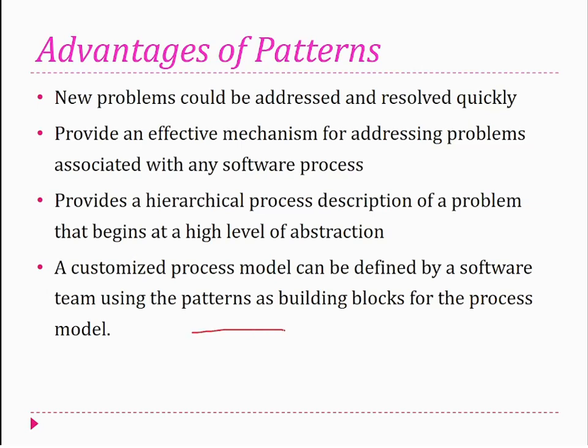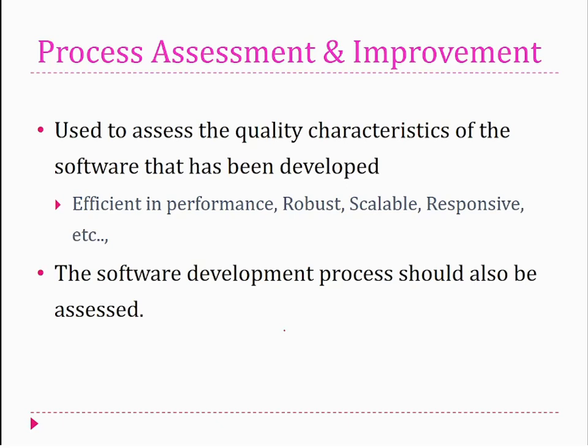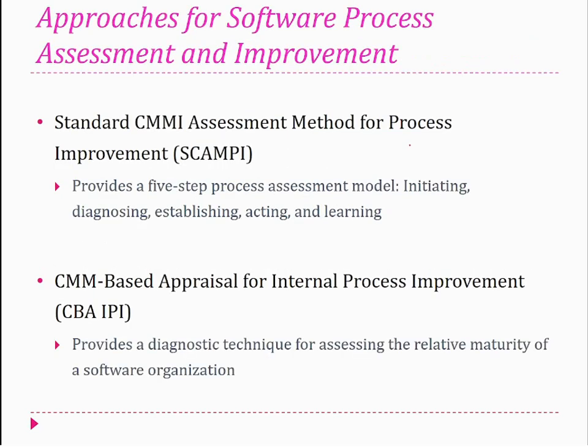Several international models are used for this purpose, like SCAMPI, CMM based appraisal for internal process improvement like CBA IPI, SPICE, and ISO 9001:2000 for software process assessment. These models help organizations improve software quality, project management, customer satisfaction, and overall process maturity.